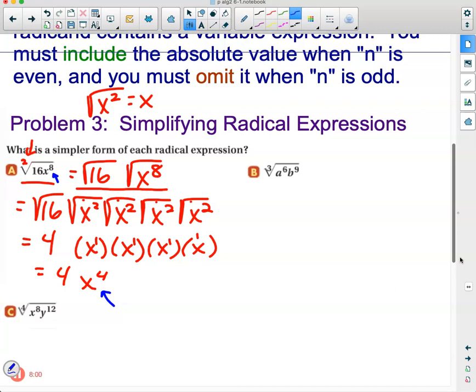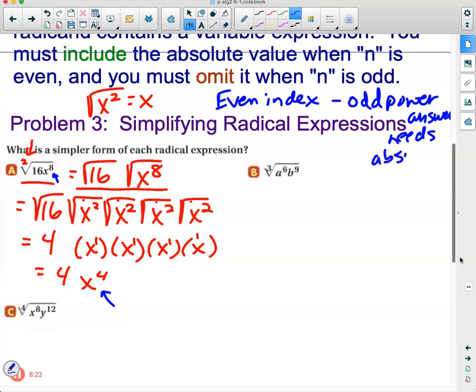So there is an easy little sentence that people always think of when they're doing absolute value, and that is: even index, odd power answer needs absolute value. And quite honestly, most people just do even index, odd power answer.